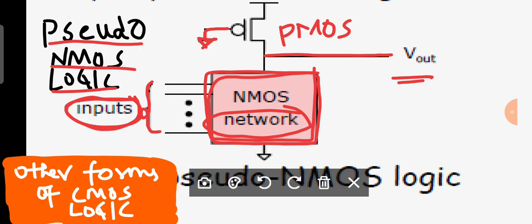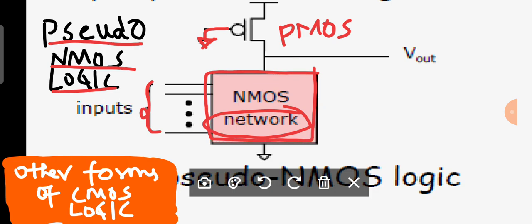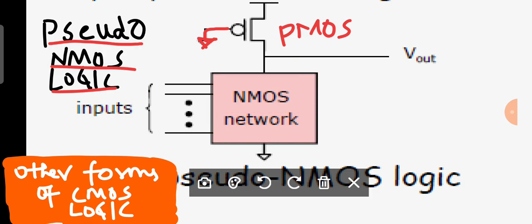Now just observe why this is known as pseudo NMOS. Can anybody try to tell? Is there any speciality for this to get the name pseudo NMOS? Yes, absolutely. When the gate terminal of the PMOS transistor is connected to ground, it is looking like a depletion mode NMOS.